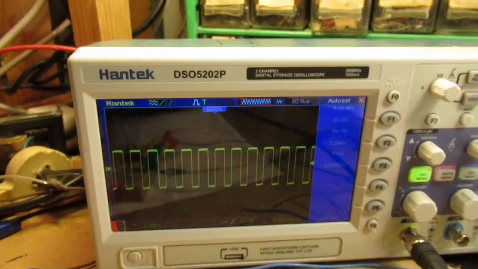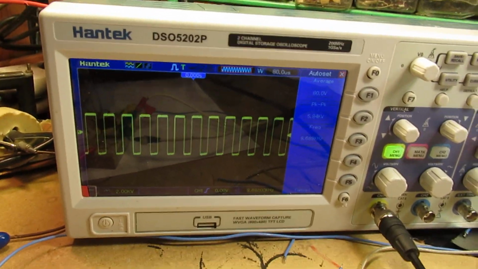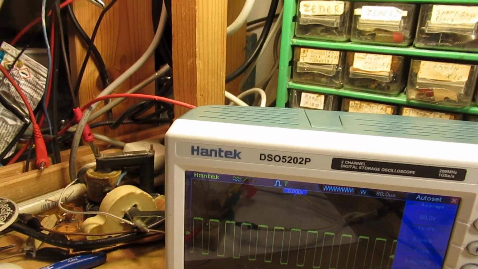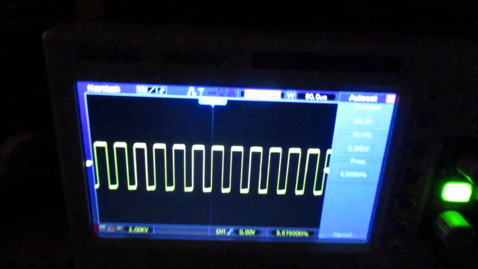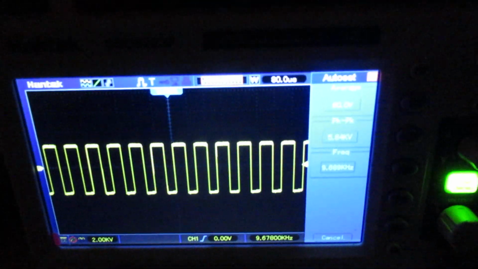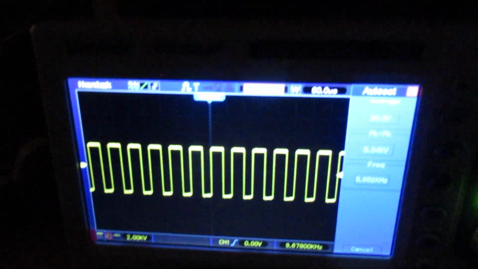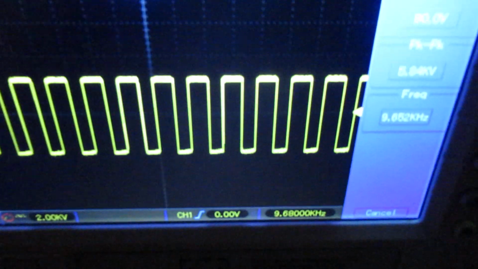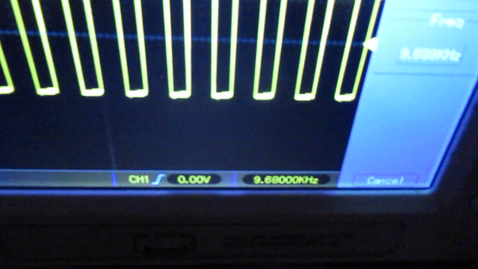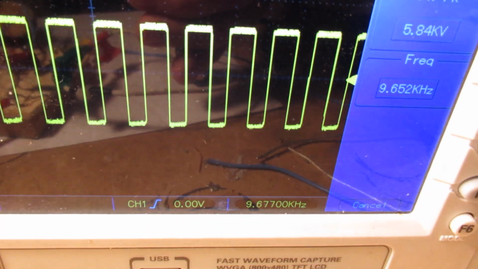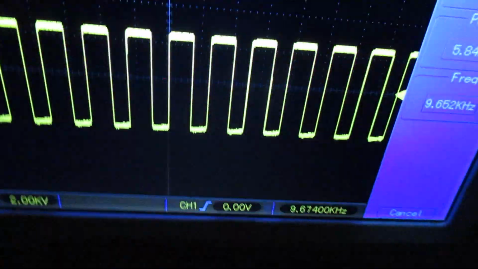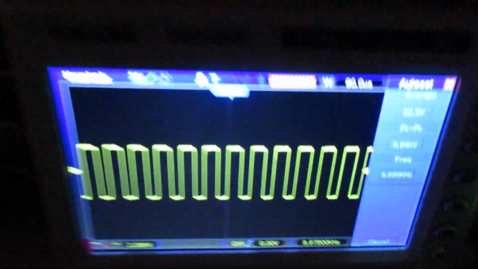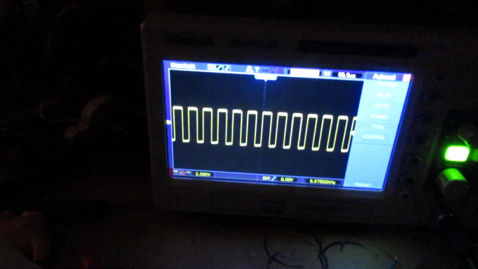Again, I switch out the lights, and perhaps this is not very interesting for the pure radio amateurs because it doesn't go so high, because we are now on 9.7 kilohertz, but anyway the whole circuit works also on a radio frequency, say above 2 megahertz.